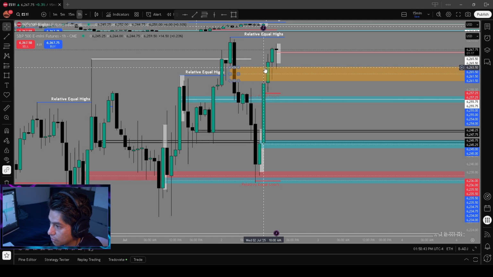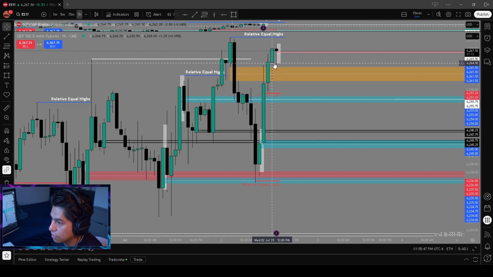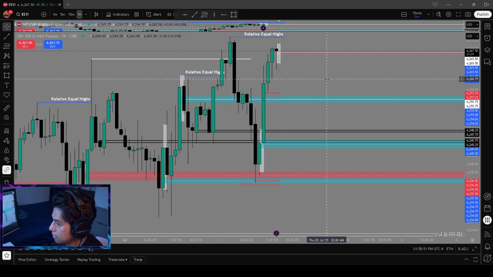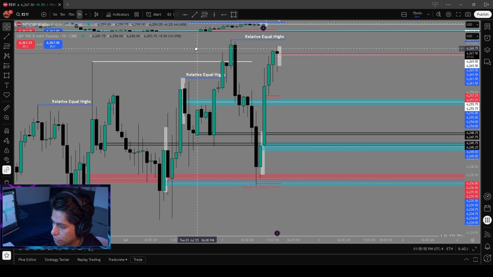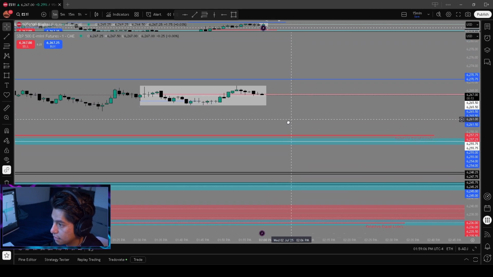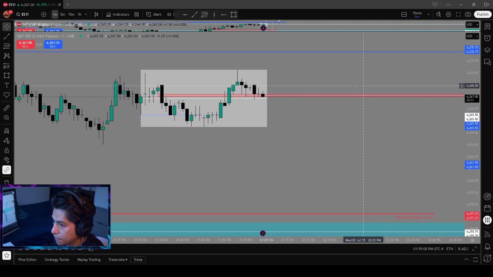Normally I would want the price to go here and then come back down. We're just closing above it. So I do think this is gonna act like an inversion fair value gap. So on the higher time frames, nothing's telling me that the price does want to go lower. So I do want to be aware of that.